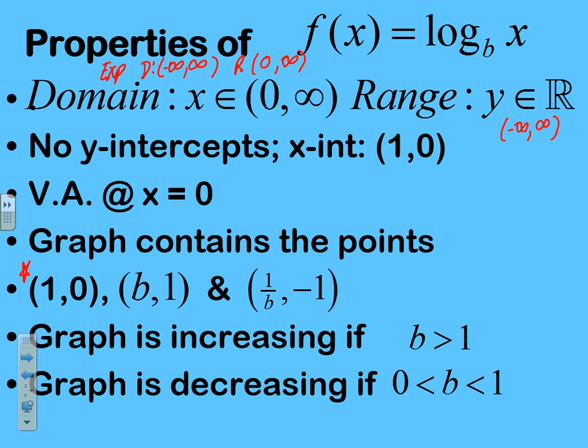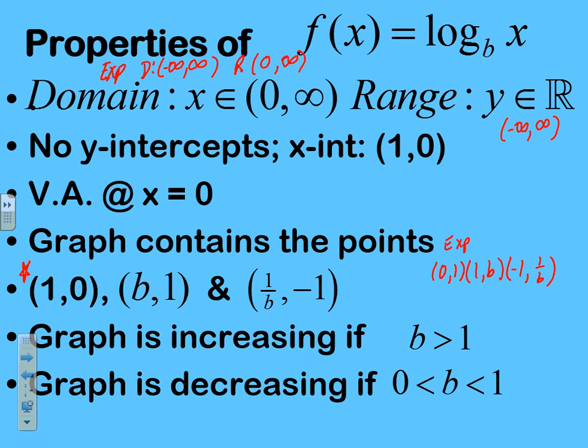In an exponential function, the three key points that we used were 0, 1, 1 and the base, and -1 and the reciprocal of the base. Well, as I was explaining a second ago about the domain and range, the fact that the functions are inverses of each other, exponents and logarithms that is, the output of one function becomes the input of the other function.